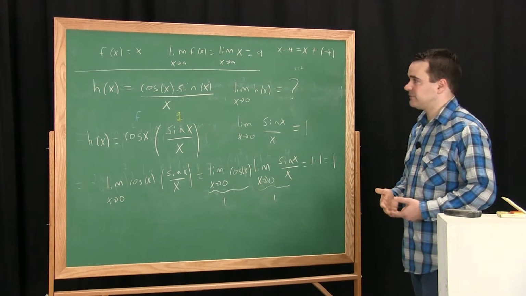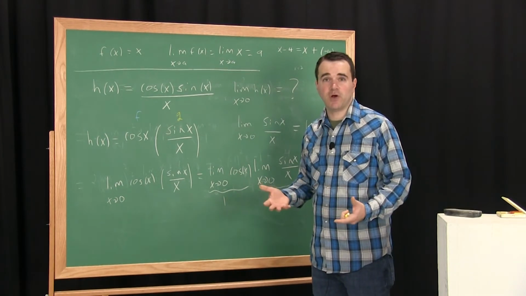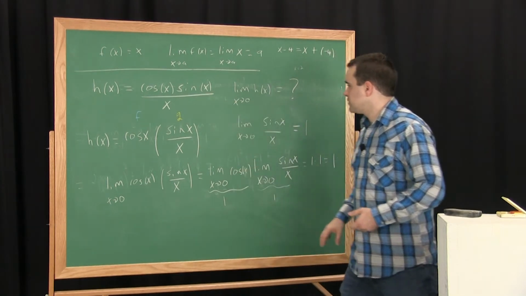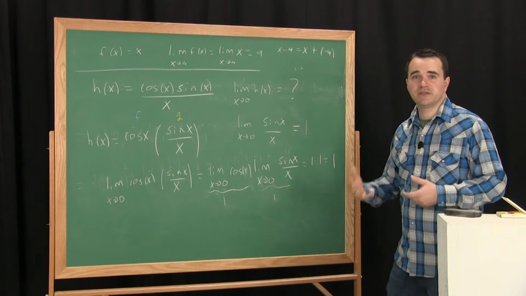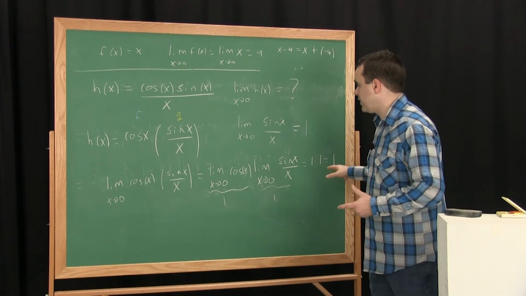So this is an example of a limit that to me was not obvious at all at first glance. But using our hard work to prove that this limit was equal to 1, and using the fact that we know the product limit law, we were able to calculate this.